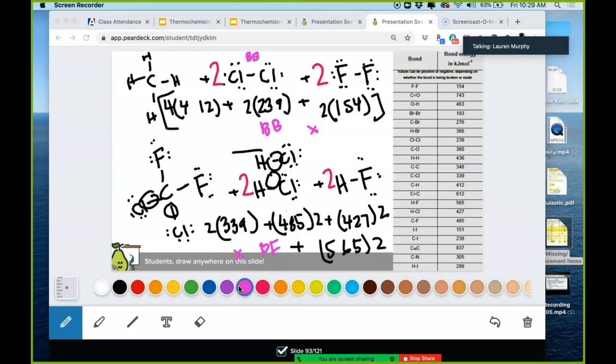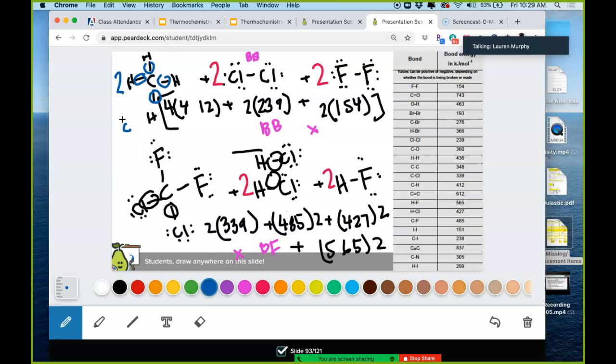So the question I got was, do you multiply these bond enthalpies or bond energies by the coefficient or by the number of bonds? And again, the answer is both. You have to account for both. For example, if I were to have 2 methane molecules, each methane has 4 bonds.